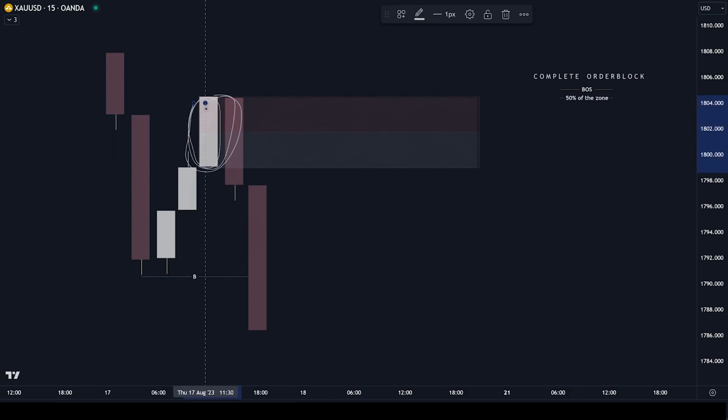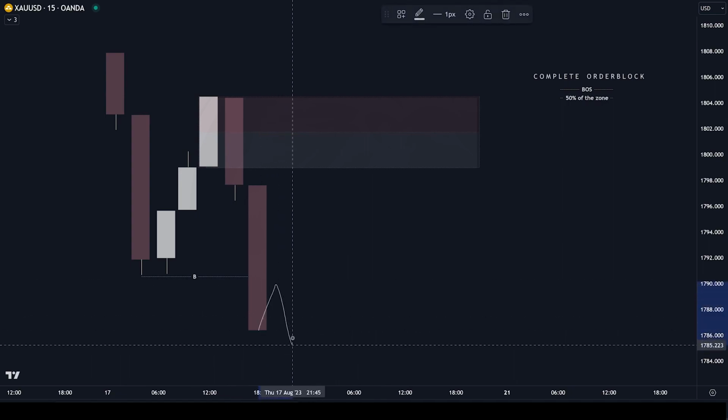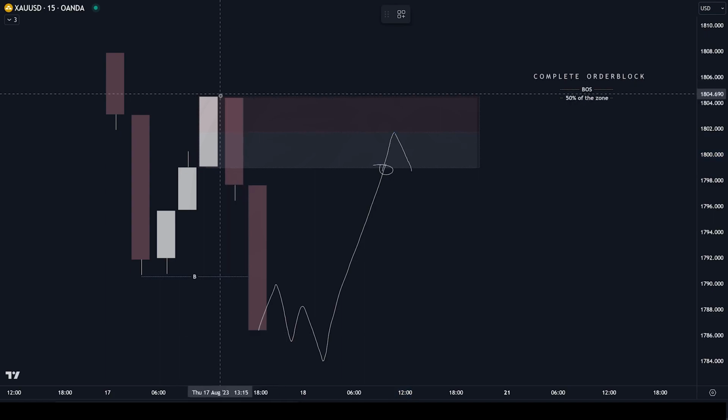And complete means that we don't have any wick on that candlestick. When we have a candlestick like that, it gives us the option to take the trade not directly at the start of the zone, but at the 50% of the zone, which you can draw with the Gann box or with your Fibonacci tool using 0, 50 and 100%.